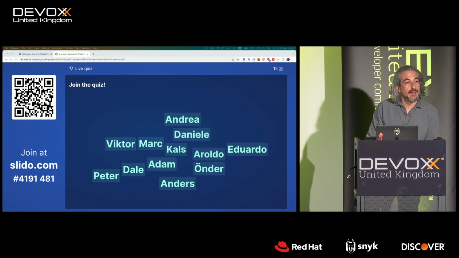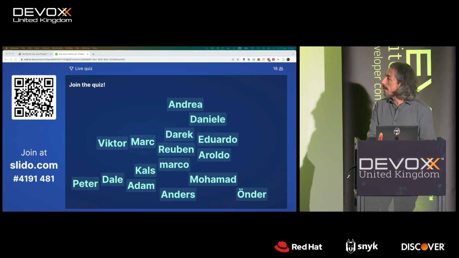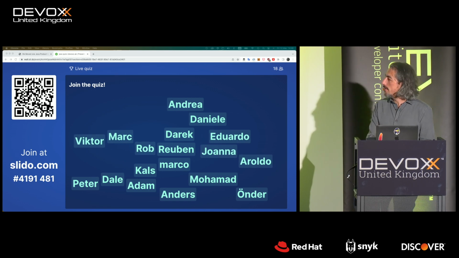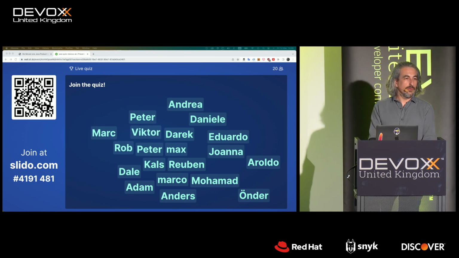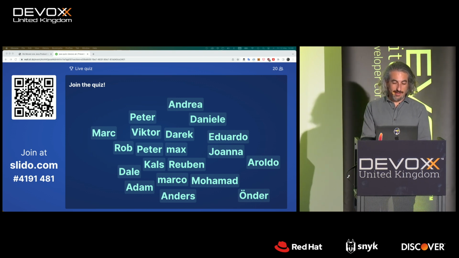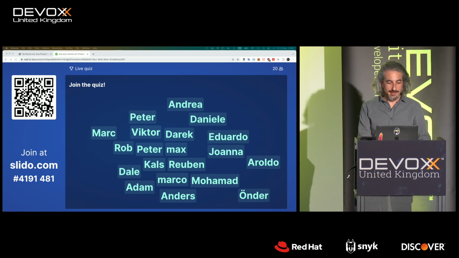Oh, the QR code is for another poll. Oh, okay, sorry. Because the number was the same, I thought it would be that one. That's why I don't do demos, but then you screw it up anyway. I'm not even good at opening an HTML page. See?